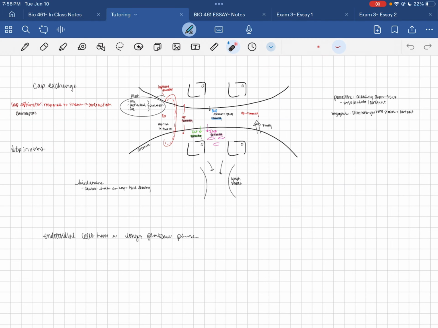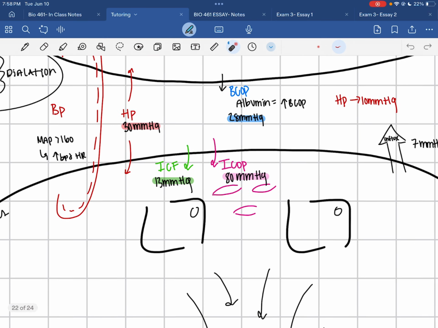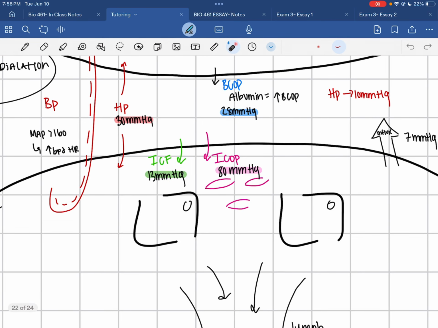So colloid, it's a really big solute. The concentration of solutes that can't leave the capillary. So primarily plasma albumin. Albumin can't fit between the pores of the endothelial cells, and the endothelial cells are basically lining this capillary right here.